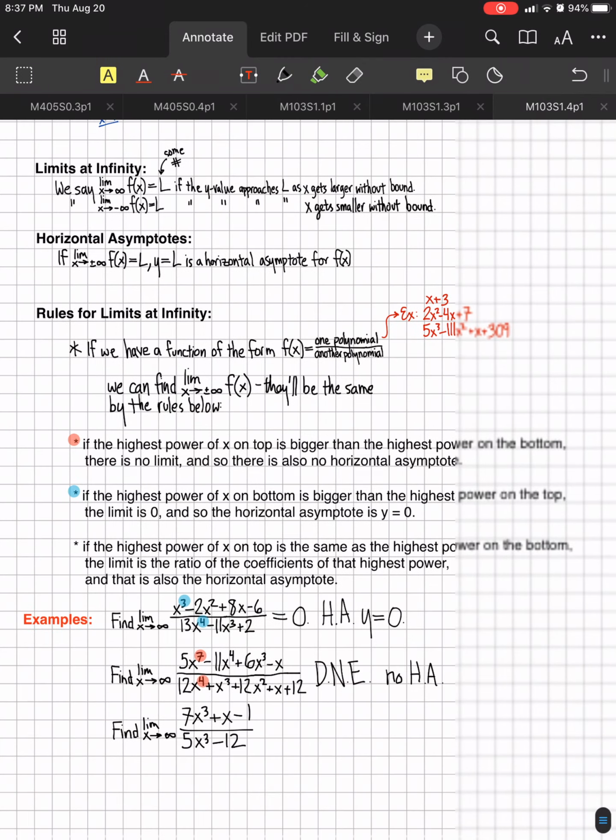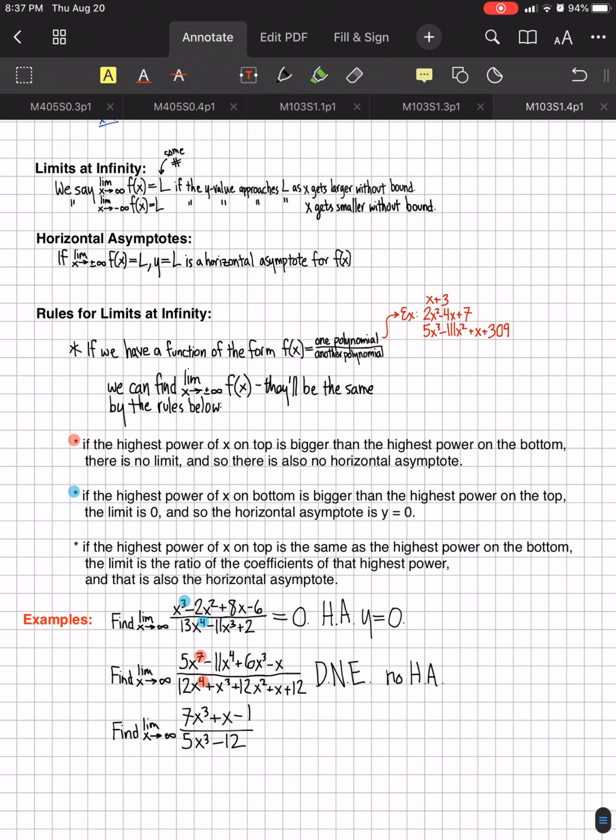Here we want to find the limit of 7x cubed plus x minus 1 over 5x cubed minus 12.